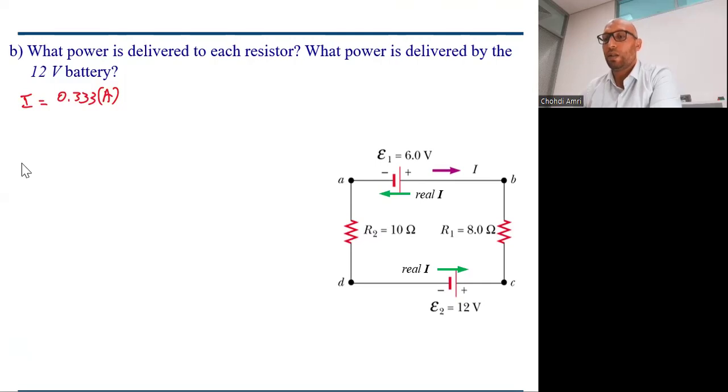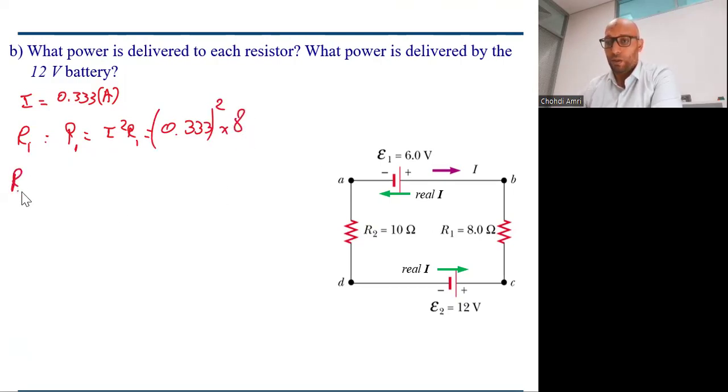Okay, so we can say that the power delivered to each resistor, for the resistor R1, P1 equals I squared R1. So it's equal to 0.333 squared, the current squared, multiplied by the resistance 8.